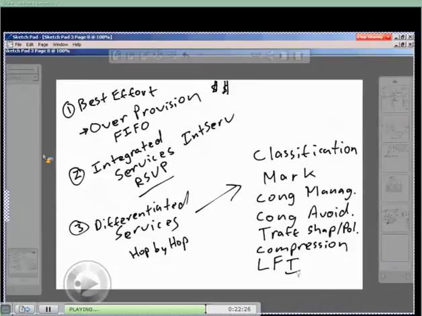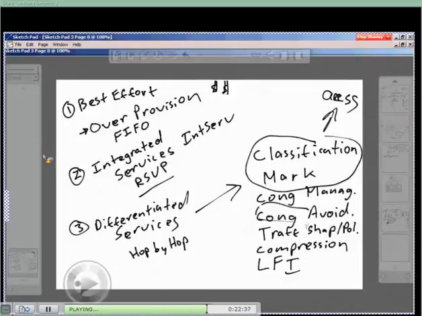So notice there are many, many different aspects to this differentiated services approach to quality of service. And we might do classification and marking at our access layer. And we might do something like congestion avoidance at the core layer. So when I say that we have quality of service at all three of the layers potentially, notice I'm not talking about the same exact quality of service mechanisms.